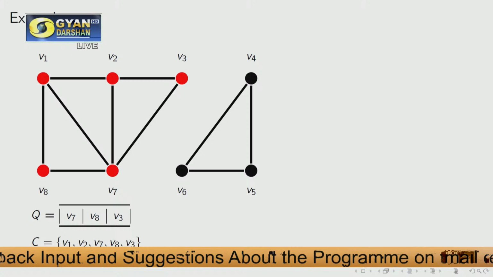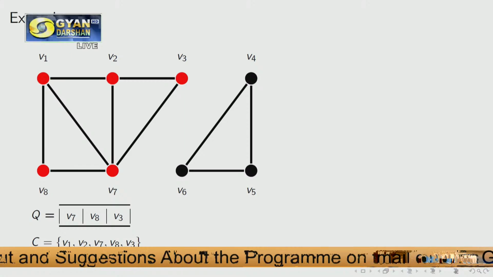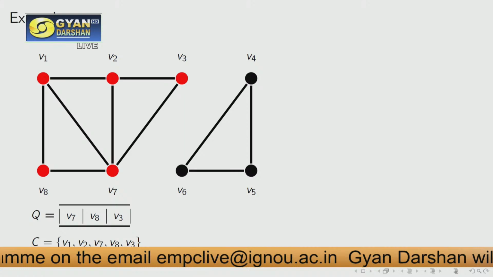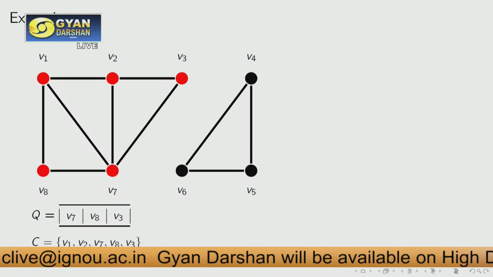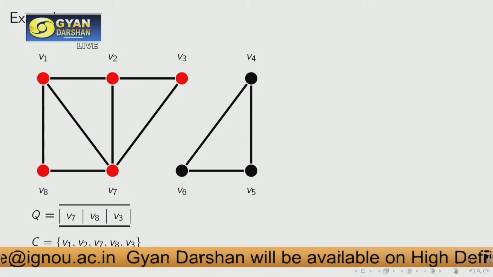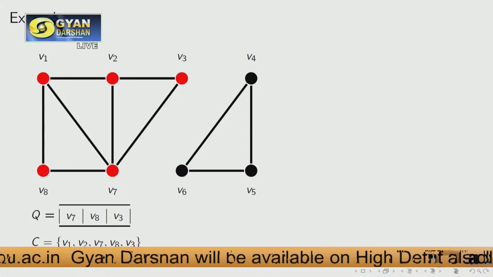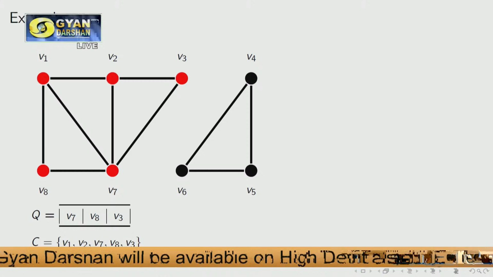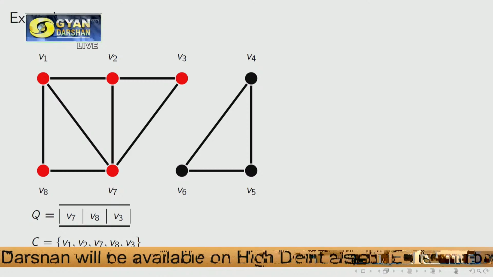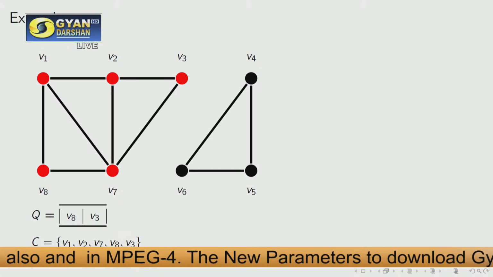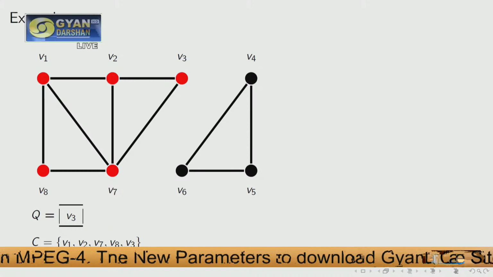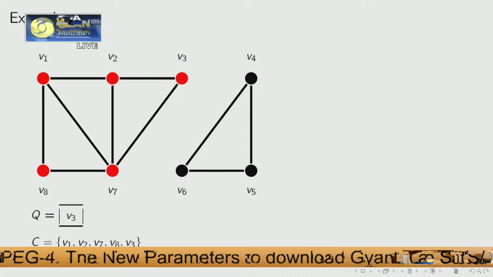Now we can see that although all the vertices have been visited, Q is still non-empty. So we have to run the process as long as Q is non-empty. So we pick the vertex V7, but V7 has already been included in C, so there is no change in C. Then again we remove V8, which is already there, and V3 is already there.